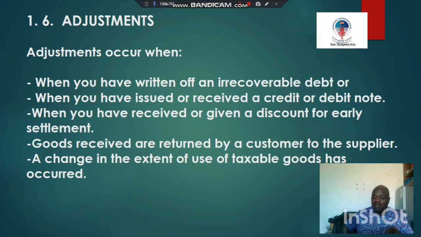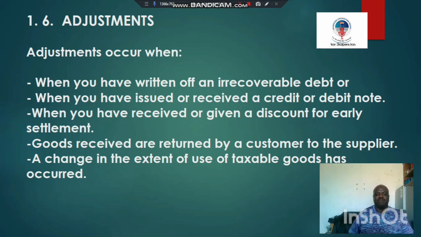You are not liable to pay VAT, but you are still charged because there's a procedure of how you get refunded from SARS. Your supplier will charge you VAT, but because you are a business, not the end user, you will pay your supplier, but you'll go and claim the VAT that you paid the supplier from SARS.